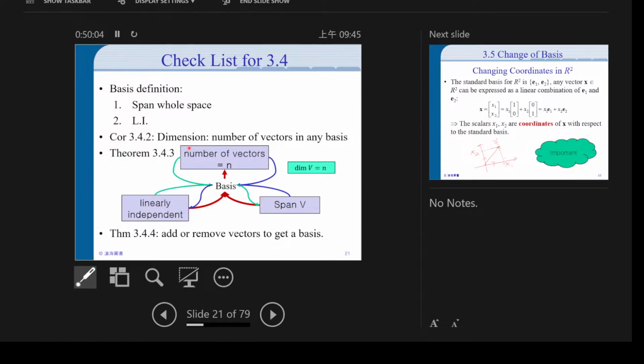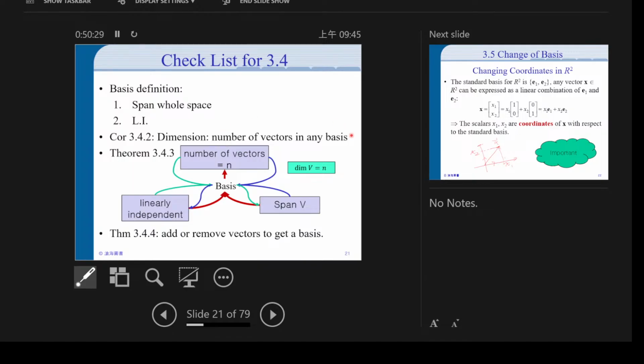So, a checklist for 3.4. We talked a lot about basis. A basis, by definition, is a set of vectors that spans your whole vector space and is linearly independent. And we have corollary 3.4.2 that defines the dimension of a vector space.